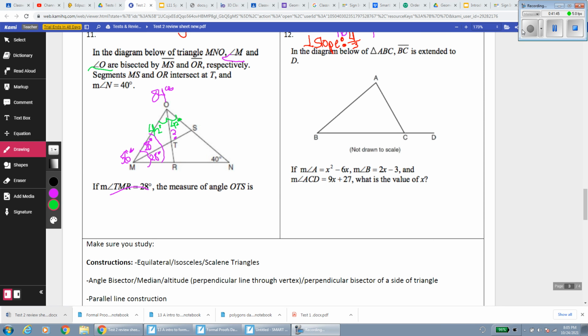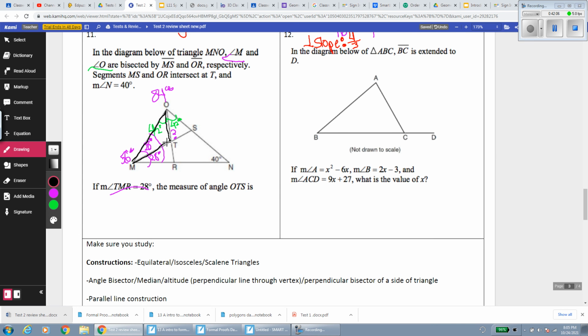There are multiple ways to get to the answer from here to figure out what angle OTS is. I'm just going to go with the way that sticks out to me first. I noticed that there is a smaller triangle over here that I'm outlining in black. I already know two angles of this triangle, the 28-degree angle and the 42-degree angle.